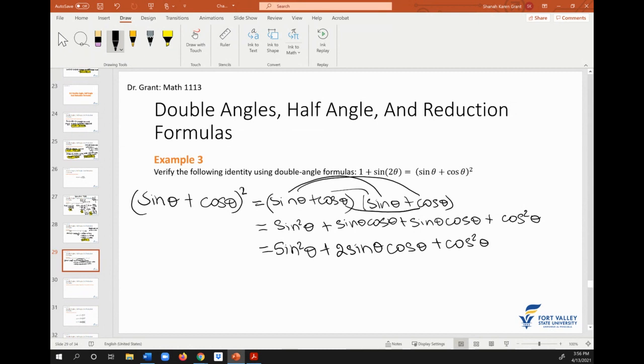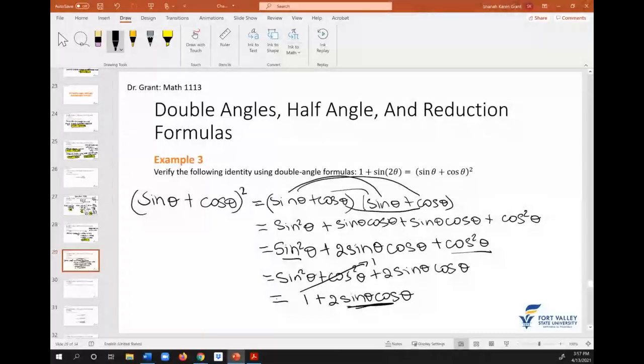Now, always, when you see sine squared, cosine squared of the same angle, we should automatically think, oh, this looks familiar, right? Because this is going to be my Pythagorean identity, because we know that sine squared theta plus cosine squared theta is just 1, so this is going to be plus 2 sine theta cosine theta.